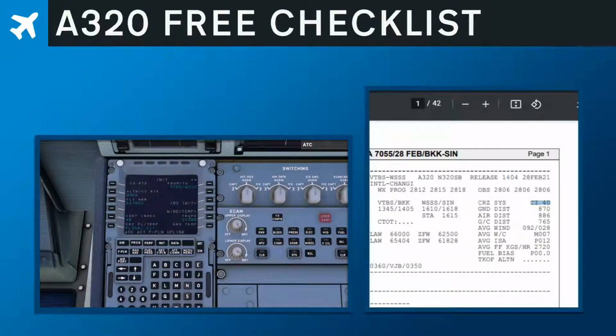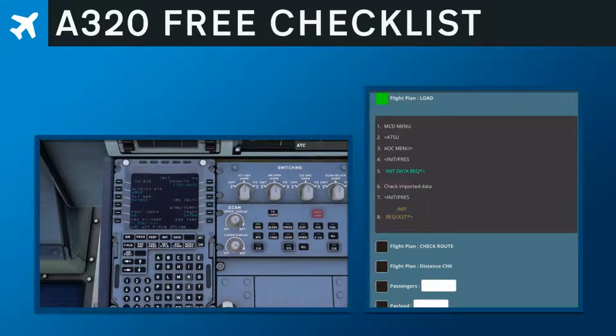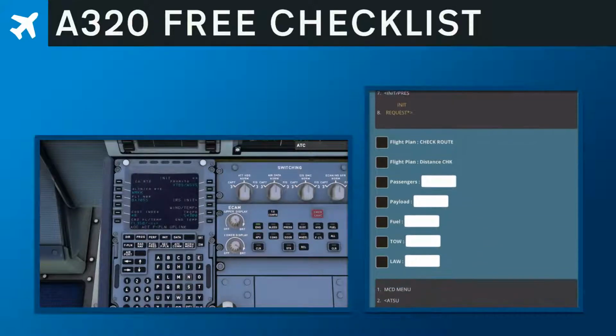Okay, so now we can go back to the iPad and checklist. Okay. So we've done that, and what we'll now do is just go to check the route according to the flight plan. So press flight plan, and you can see now that basically all the intersections have been added as well.